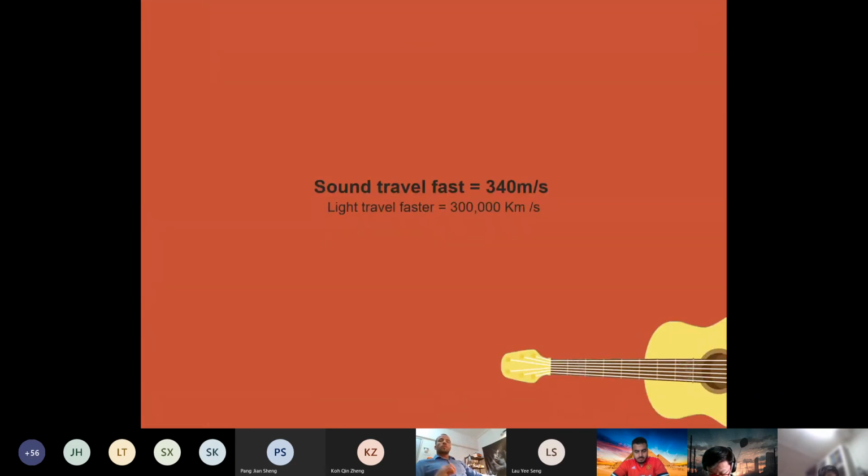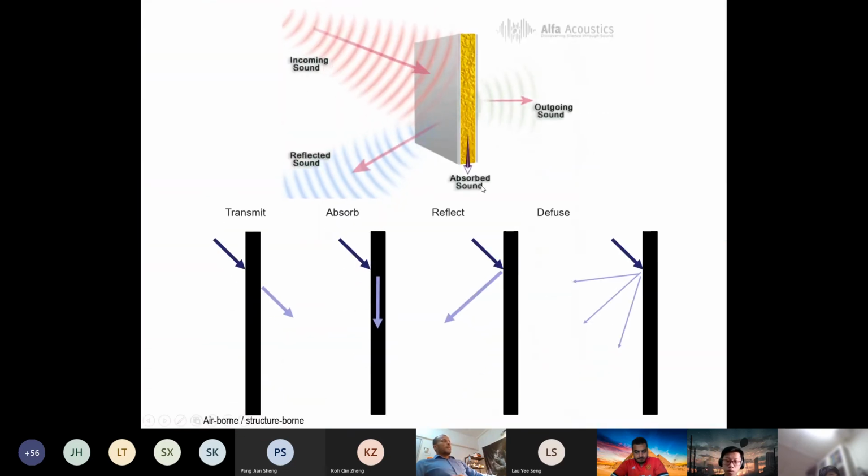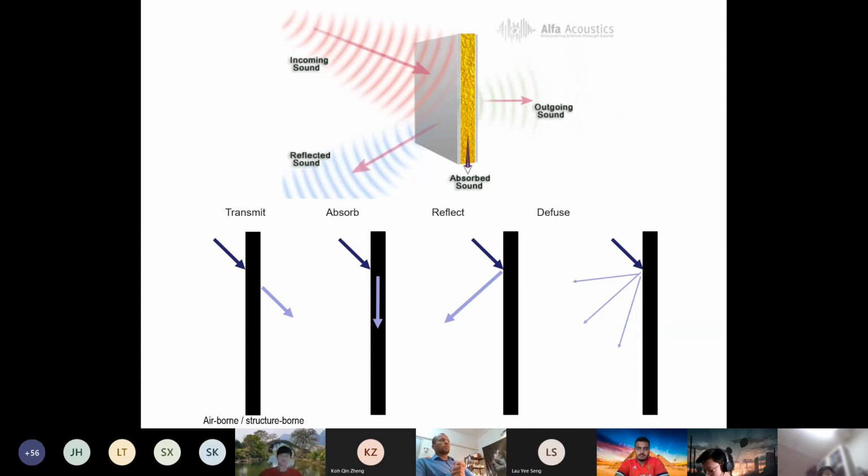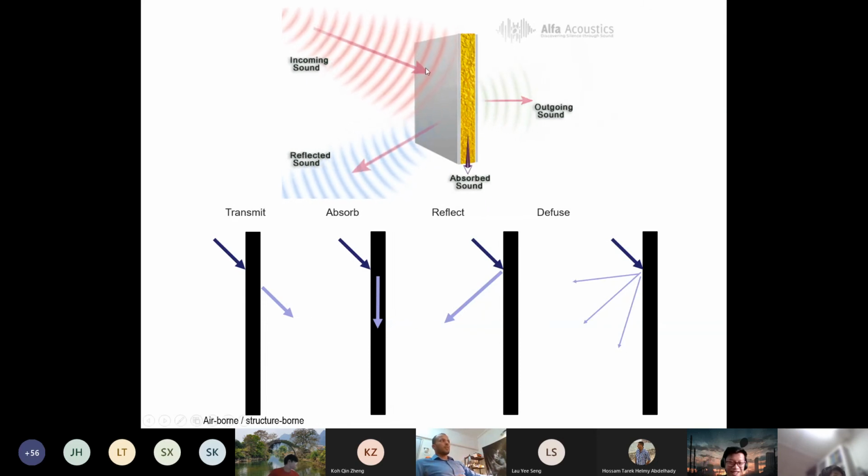As you know, sound travels very fast also, but when you compare it to light, light is always faster, right? As you can see also, sound behaves very similarly to light. When sound is coming, it depends on the material.